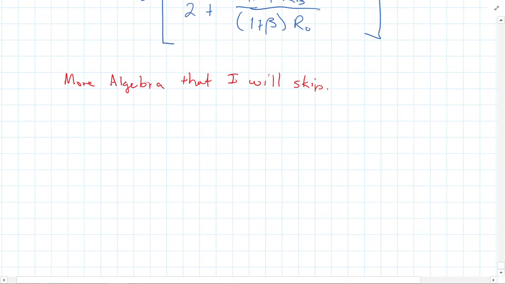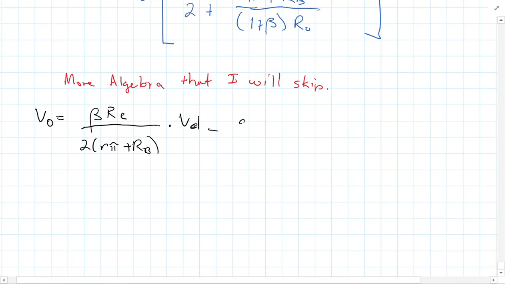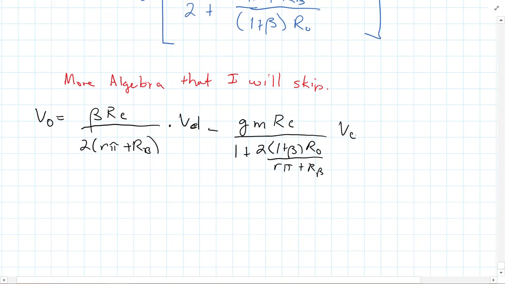Okay, so then what we get when we do that is V out is equal to beta RC over 2R pi plus RB times my differential voltage, minus, and then what we're going to have here is GM RC over 1 plus 2, 1 plus beta RO over R pi plus RB, times VCM.